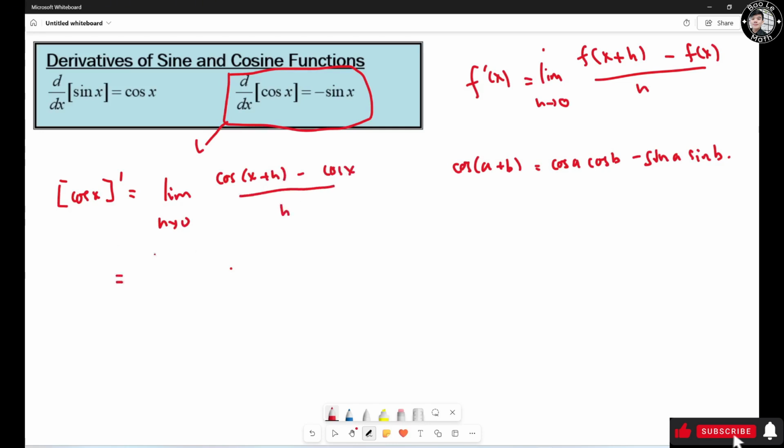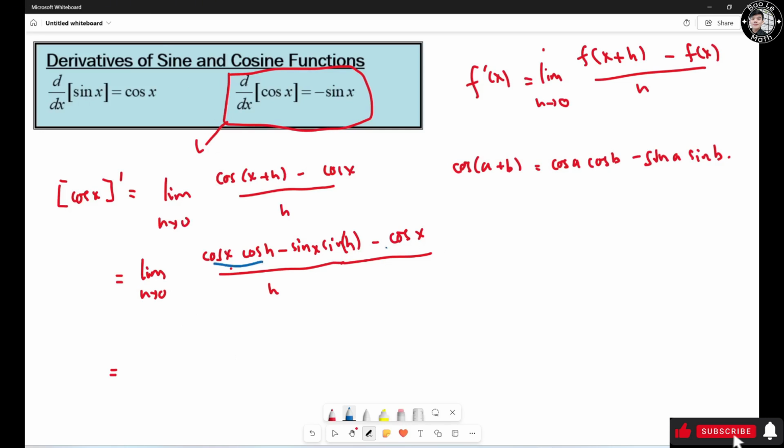So this turns out to be the limit when h approaches 0 of cosine s cosine h minus sine s sine h, over h, minus cosine s. I'm going to put parentheses right here. Now I'm going to group these two terms.